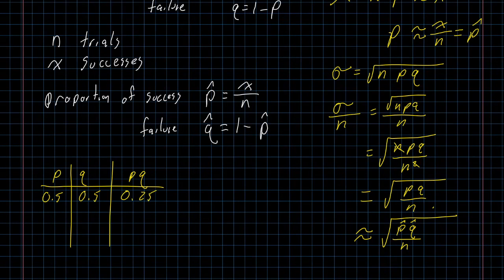If we make p a good bit smaller, 0.4, then q has to be 0.6 because p and q together have to add up to be 1. And if you multiply 0.4 times 0.6, you get 0.24.